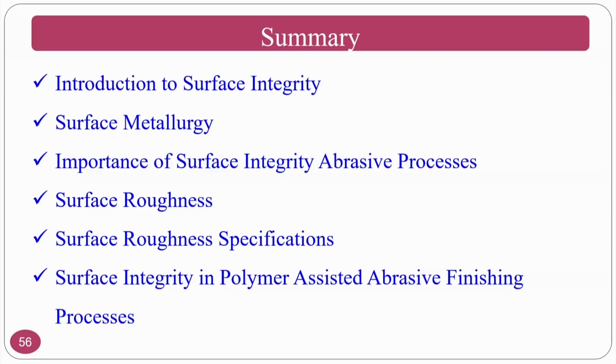Then we have seen the importance of surface integrity in abrasive processes, and we have gone to surface roughness and surface roughness specifications and how to represent the surface roughness. Then at last we have seen the surface integrity in polymer assisted abrasive finishing processes such as abrasive flow finishing process, drill bit guided abrasive flow finishing process, spiral process and so on. Okay.